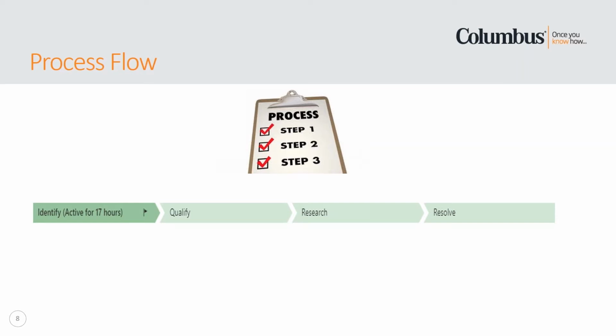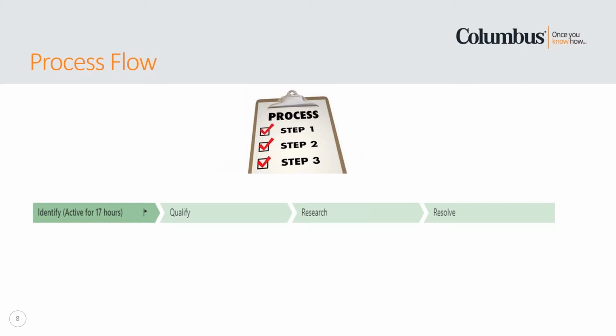This is my company's process. Your company process might be completely different, but as an example for today, we'll be looking at this process where we first want to identify the issue, qualify the issue, maybe do some research on the issue, and then ultimately resolve the issue.